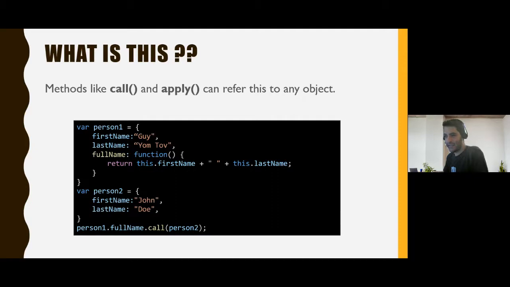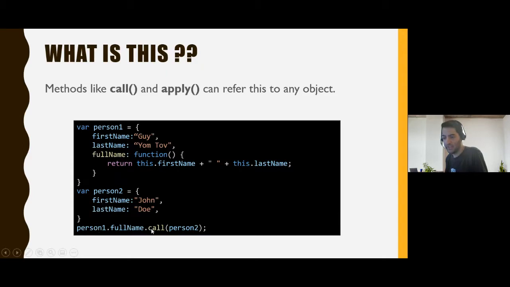And the next thing that also refers to this is a method called call and apply. So actually, call and apply are ways to call a function with a scope that you want to define yourself. So here I have person one, and person one has a full name method, which just returns the first name plus last name. And let's say I want to use this function and not just recreate it every time I create a person.